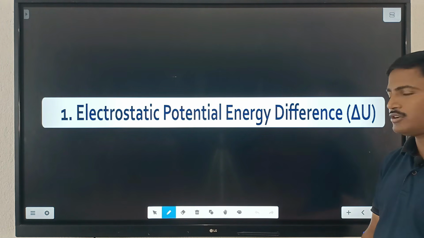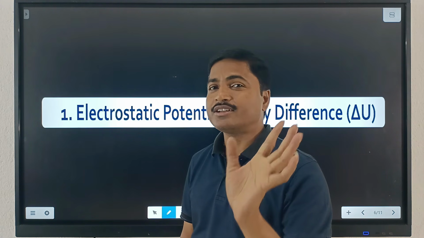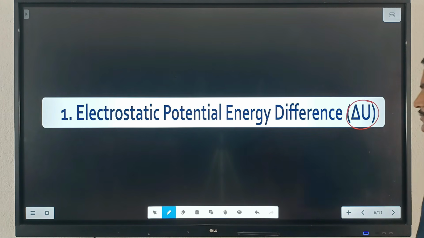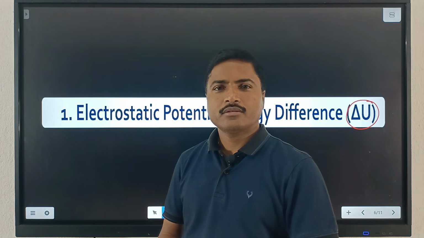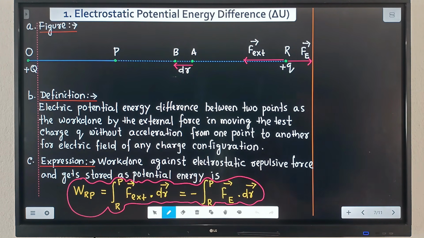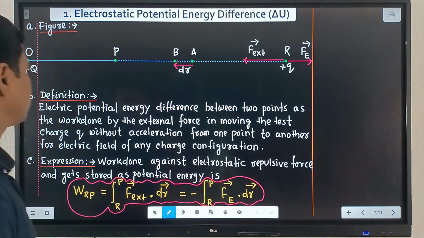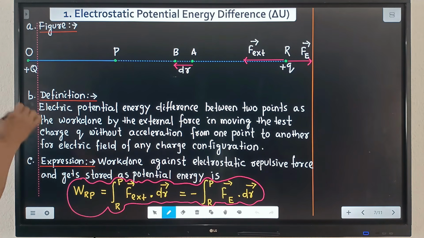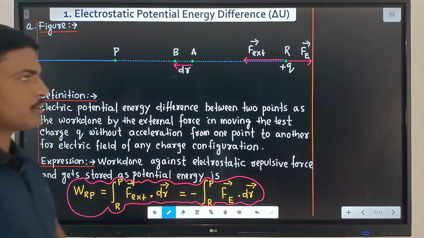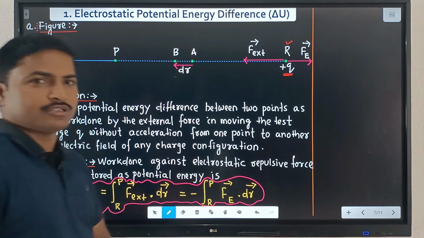That is the electrostatic potential energy difference. For energy difference, we write the symbol delta U. Then what is the electrostatic potential energy difference? Look at the figure, same thing. Here we take a source charge that is plus Q at point O. Initially a test charge is placed at point R. R is the initial position.